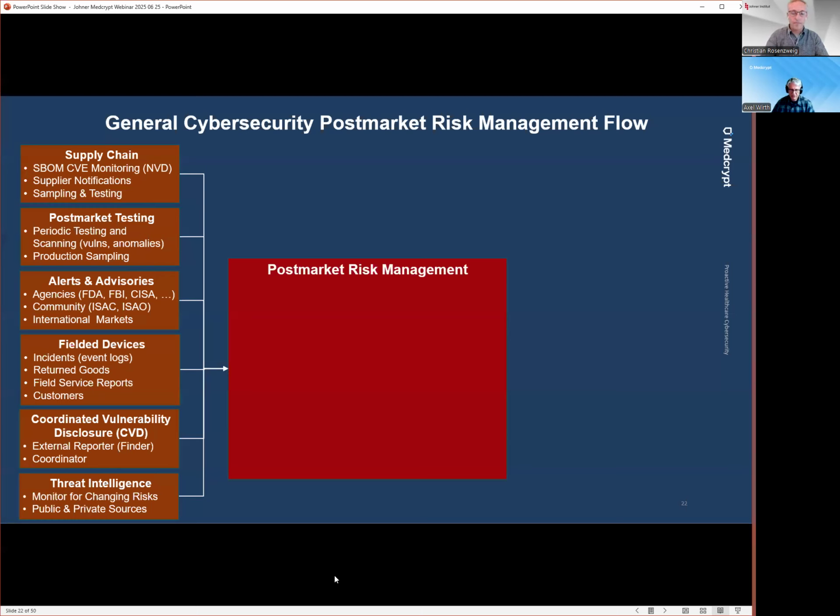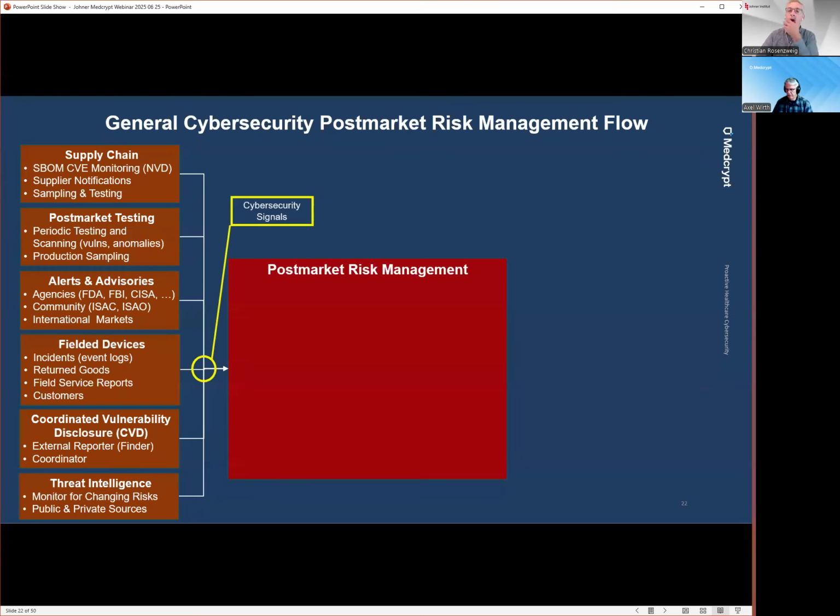Are there new international conflicts that could, for example, increase your cybersecurity risk? And you look for threat intelligence sources both in the public and private sectors. For example, many cybersecurity companies provide you with free or subscription service threat intelligence type information.